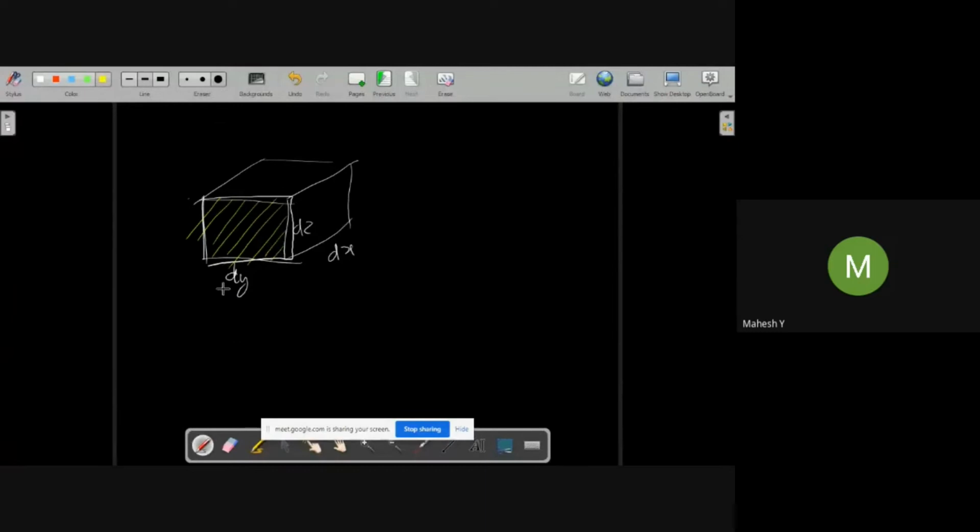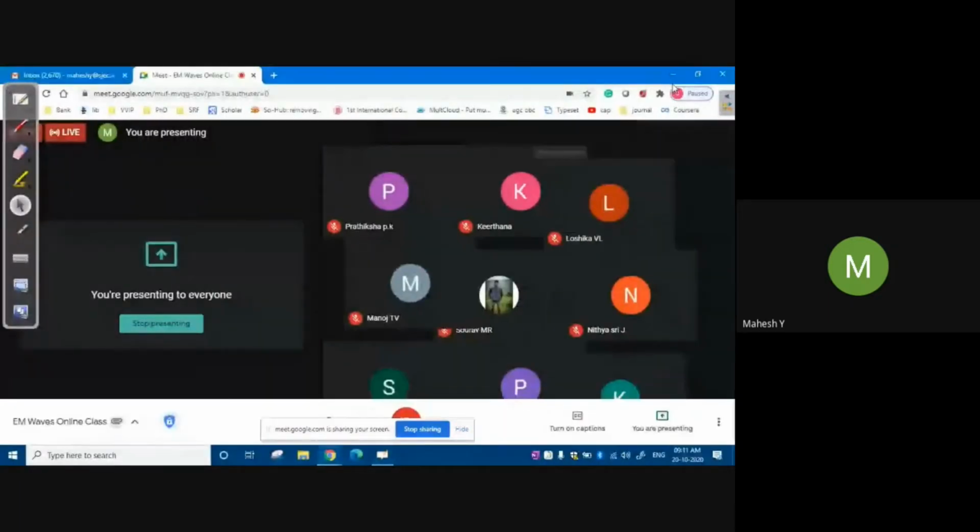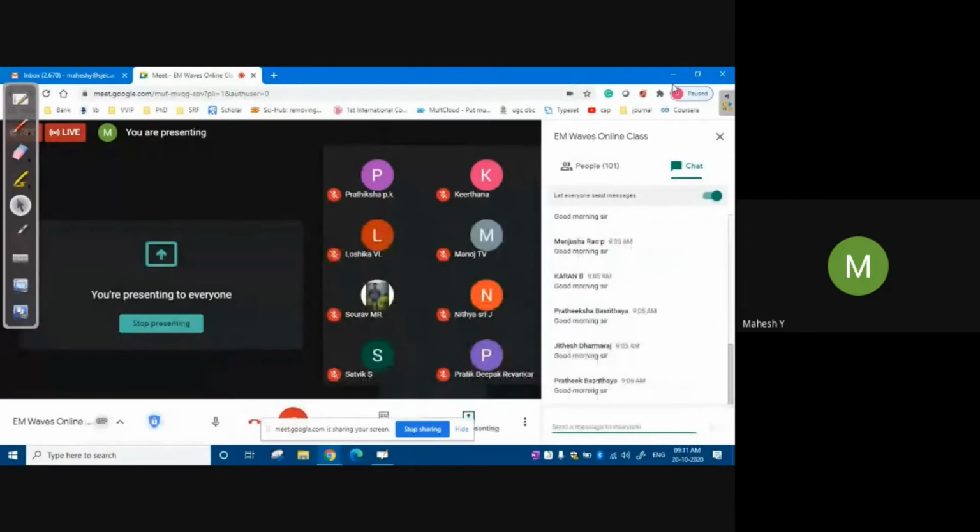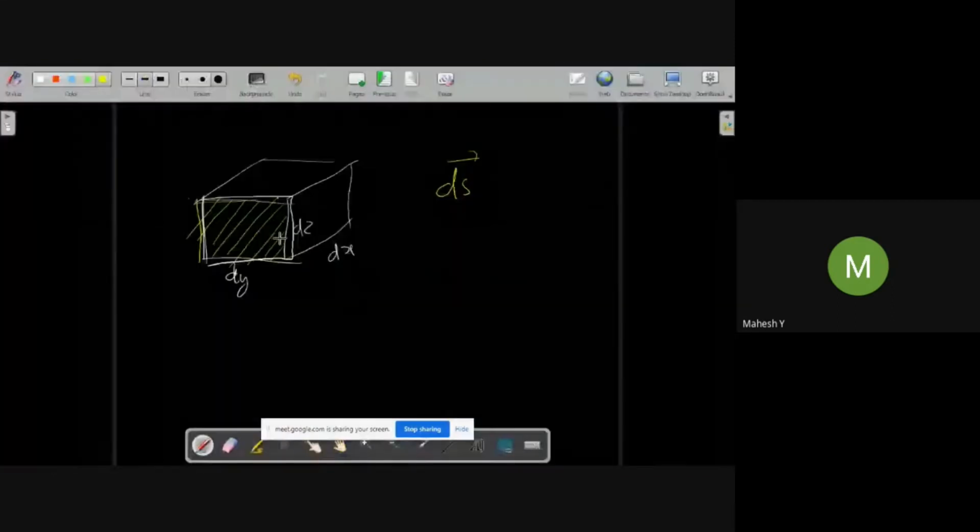Okay. So what is the area vector dS here? Anybody? For this surface, what is dS? Vector dS. Can anybody tell me what is the value of dS for this surface? It's a vector.